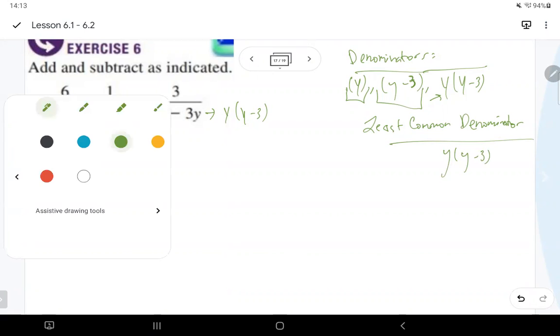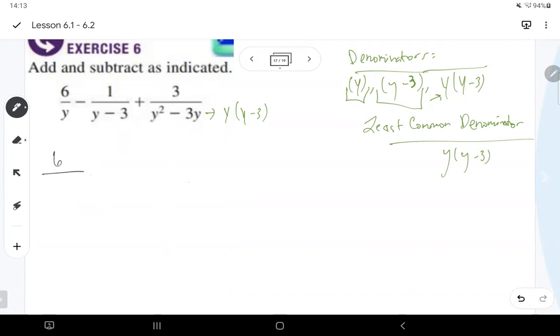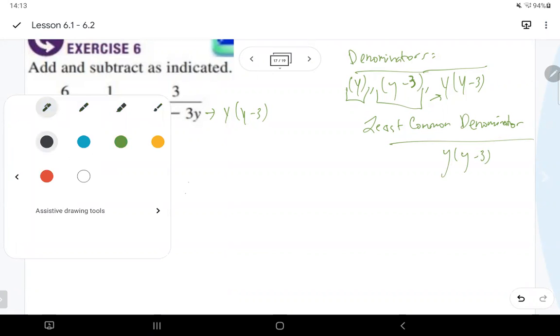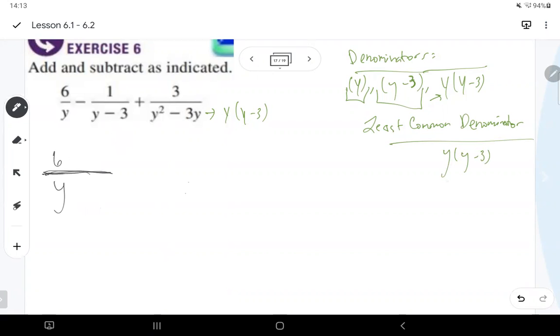So when you come back over here, you'll have 6 and y on the bottom. So then you have to figure out what's missing. Well, that's this piece. So y minus 3 on the bottom means we have to do y minus 3 on the top.